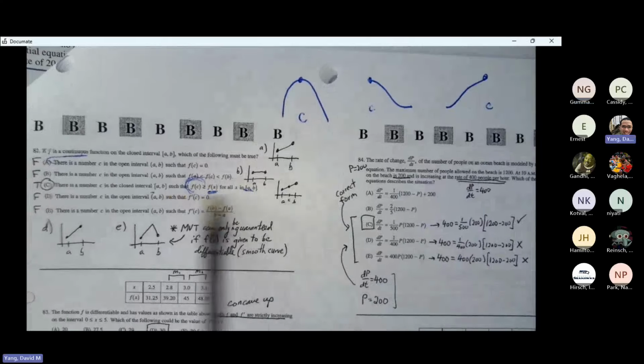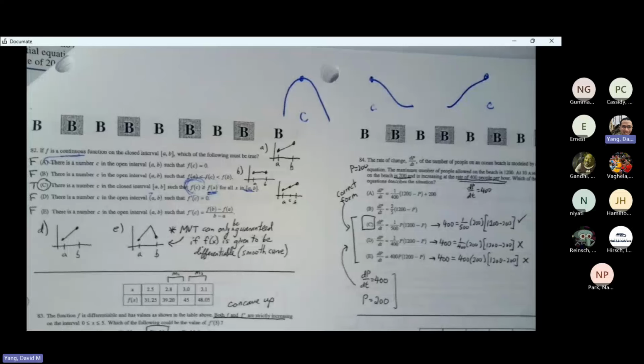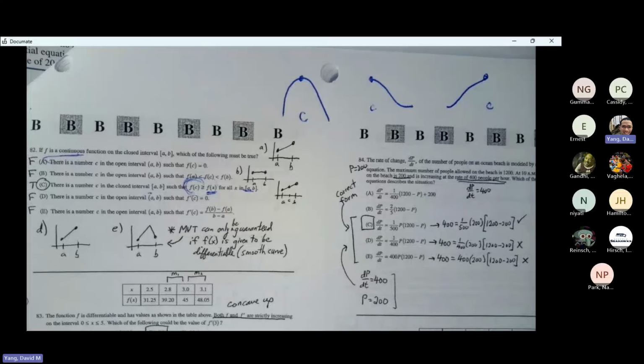It's just a really convoluted way of saying yes, there's going to be an absolute max somewhere on that interval. So if you know that you can make an absolute max there, why would the derivative f prime of c not equal 0?